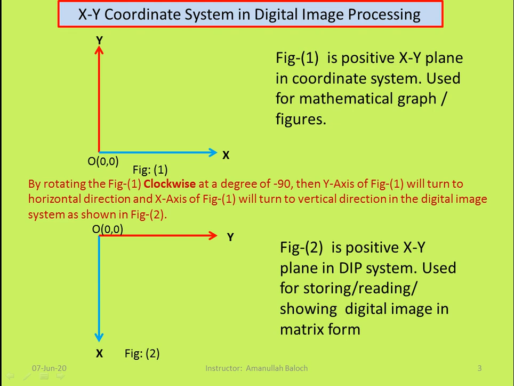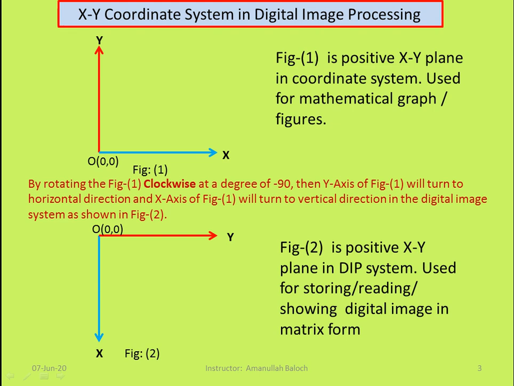This is the figure of the coordinate axes, X and Y axis. This point is called the origin, and the pixel value at the origin always remains 0, 0. Figure 1 is the positive XY plane in the coordinate system used for mathematical graphs and figures.